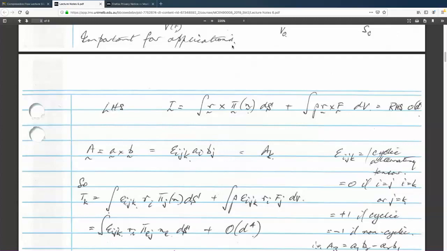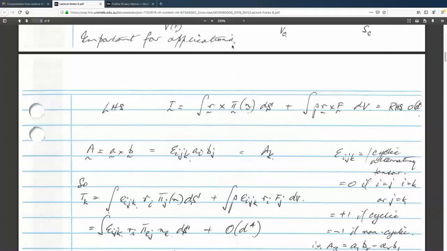So if it's cyclic, it's going this way, and if it's anti-cyclic, it's going the other way. 1, 2, 3. So draw a circle. That's what I like to do. And here's 1, and here's 2, and here's 3, and that's cyclic. And if I go back the other way, 1, 3, 2, it's anti-cyclic. Or I go back 2, 1, 3, it's anti-cyclic.